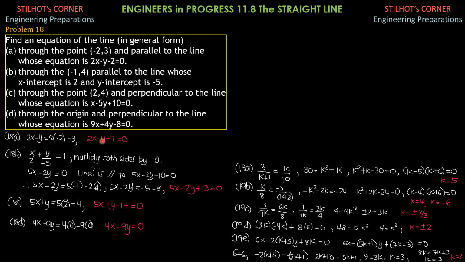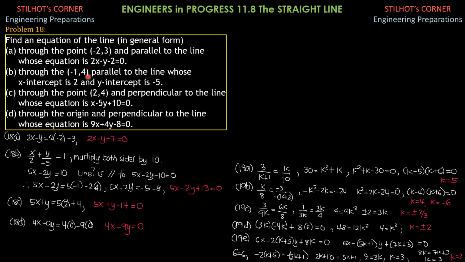So 2x - y = 2 times x1, which is -2, then minus y1, which is +3. So the right side is -7. Therefore, in general form, the equation of that line parallel to 2x - y - 2 = 0 is 2x - y + 7 = 0.